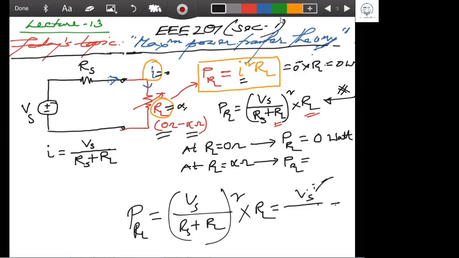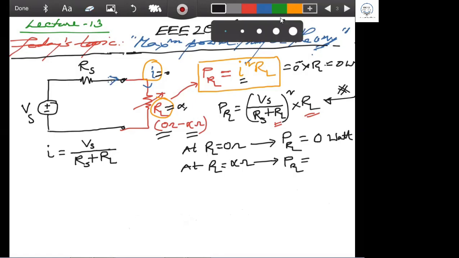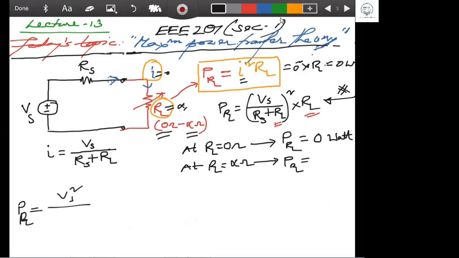Okay, V square, and then PRL will be equal to what? We can say Vs square divided by, if you take out RL from here, then all of you can understand this is RS by RL plus 1 whole square, and this is RL square, and that is into RL.